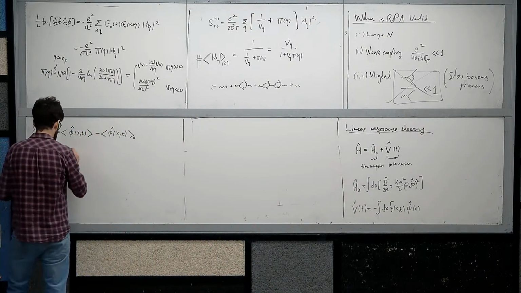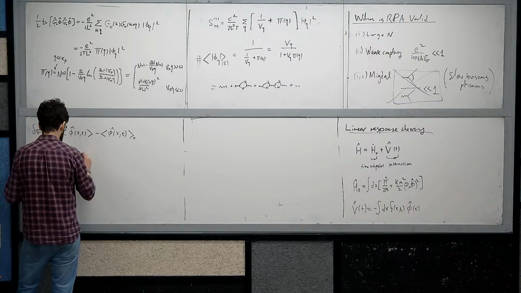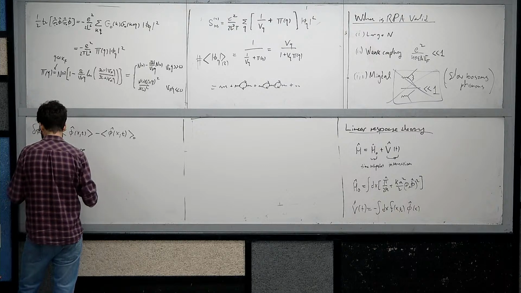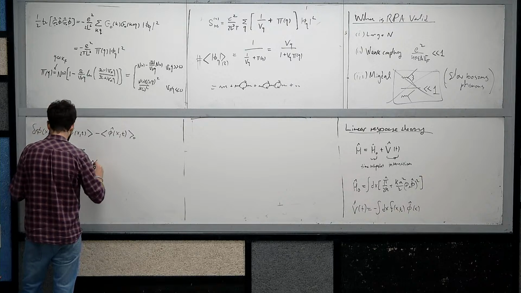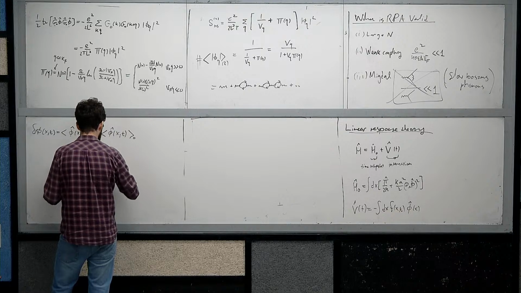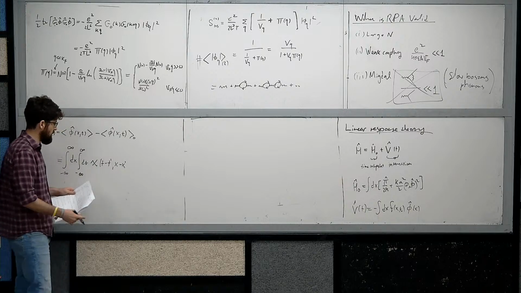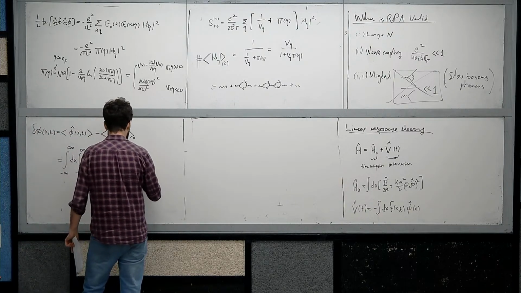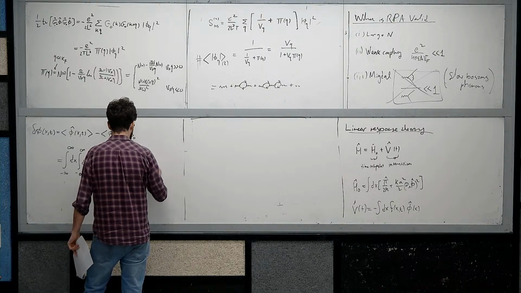Okay, and then we have something like integral dx, integral from minus infinity to infinity dt, chi of t minus t prime and x minus x prime, assuming that there is translational symmetry both in t and x, times this field x prime and t prime.